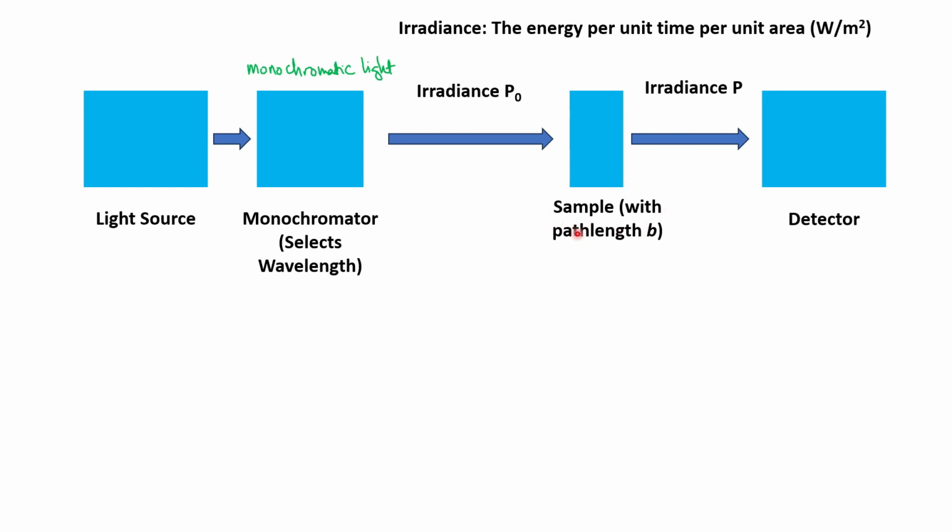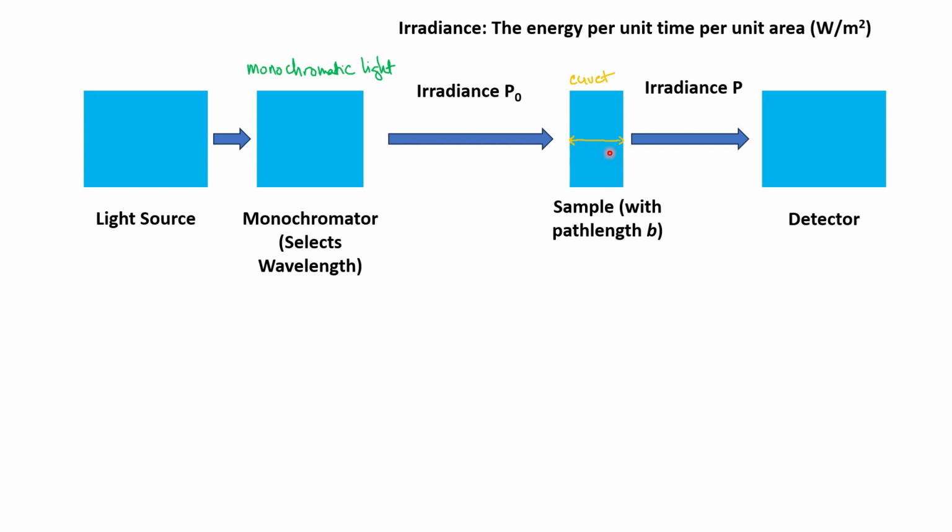It is going to hit the sample right here. Now, your sample is going to have a known path length, or the length across this sample right here. Very often these samples are measured in something called a cuvette, which has a very specific and very well-known path length. Commonly, these are 1 centimeter.